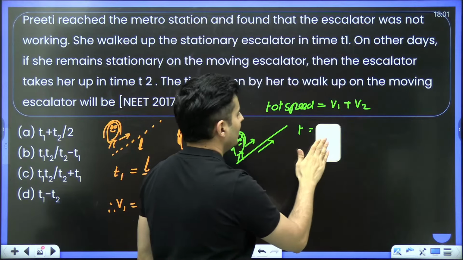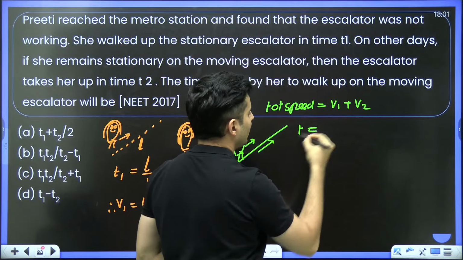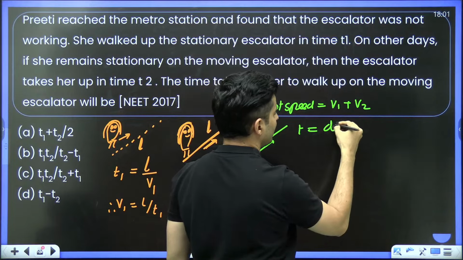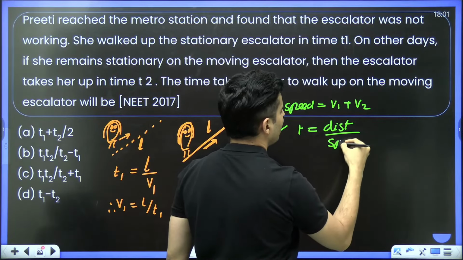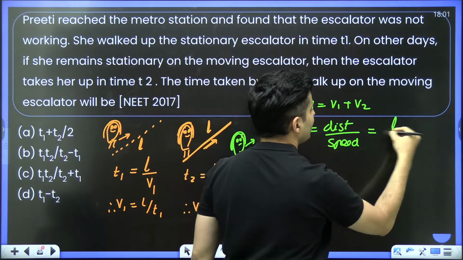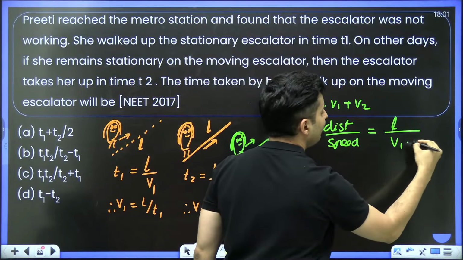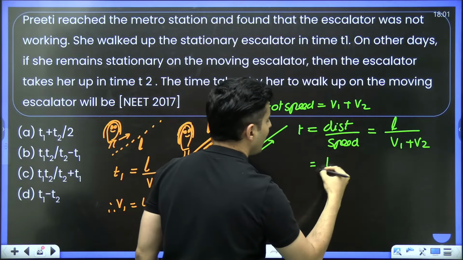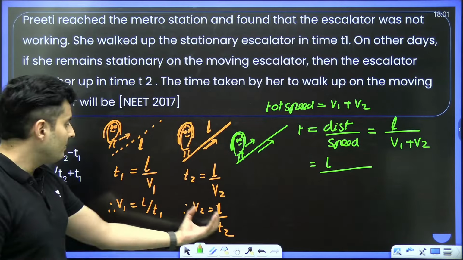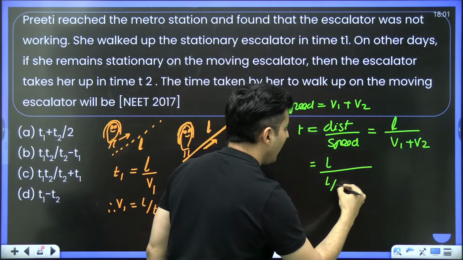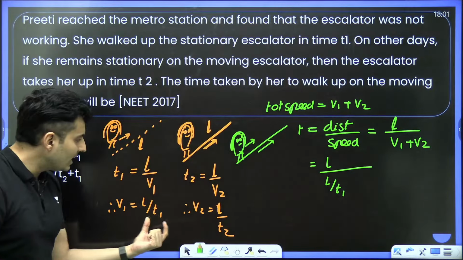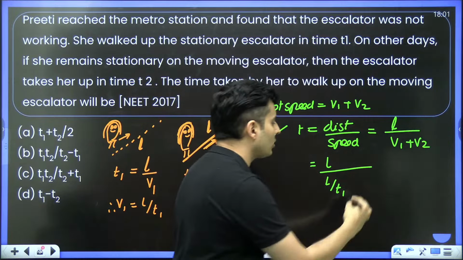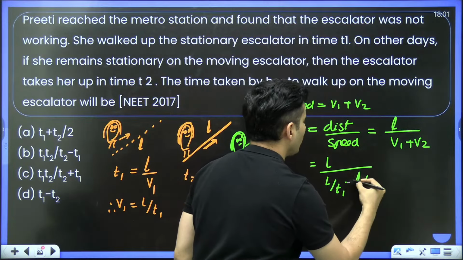The time taken will be nothing but the total distance upon the total speed. Here the total distance is L, the total speed is v1 plus v2. So this will be L divided by v1 plus v2. That means L by t1 plus L by t2 in the denominator.